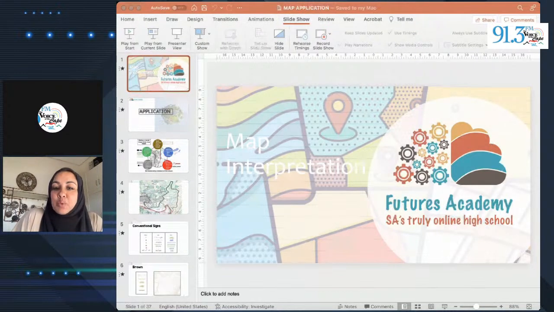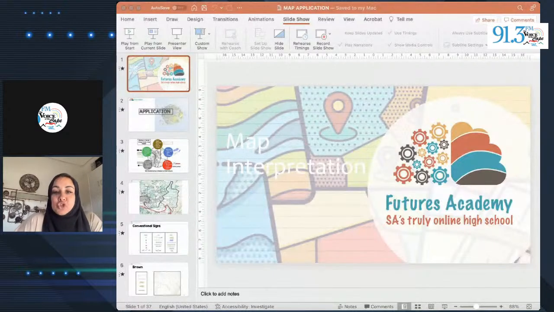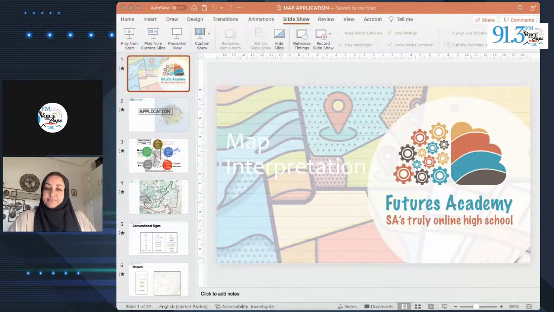Then the next one, as you can see where the two arrows are pointing, is a tiny little arrow that is pointing to a point on the road itself. And there is a number next to that. That is a benchmark. A benchmark also gives us an indication of height. And most often a benchmark is found on a road or a railway line.